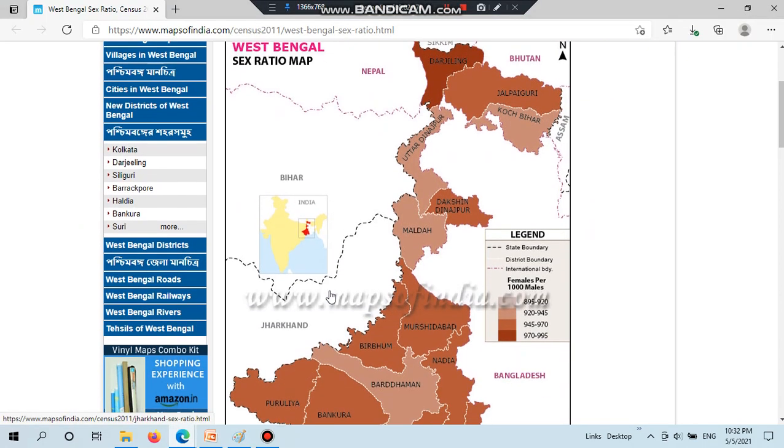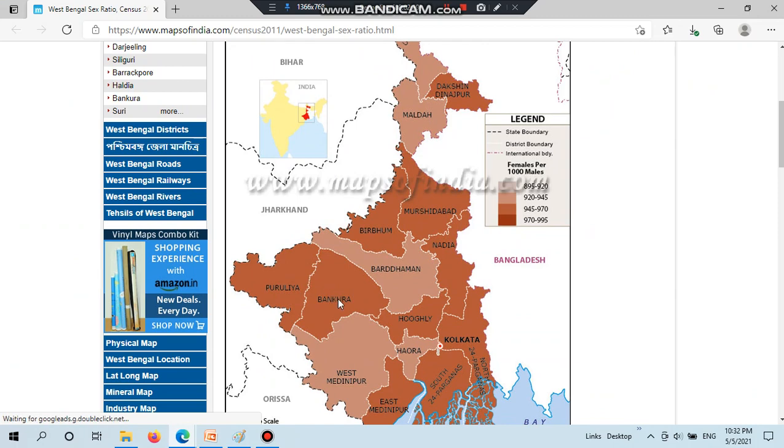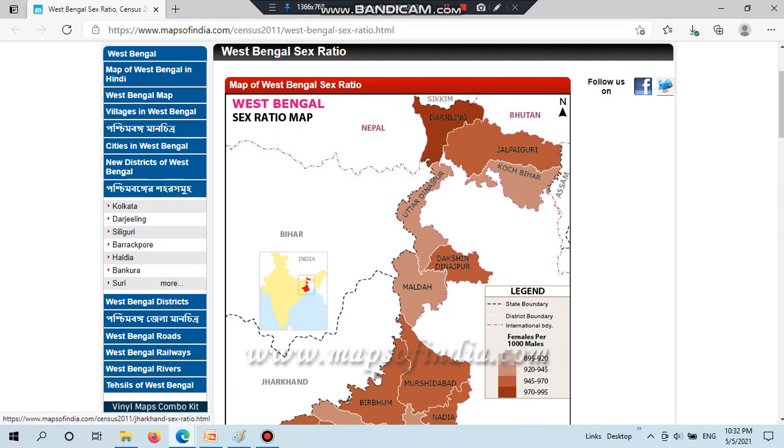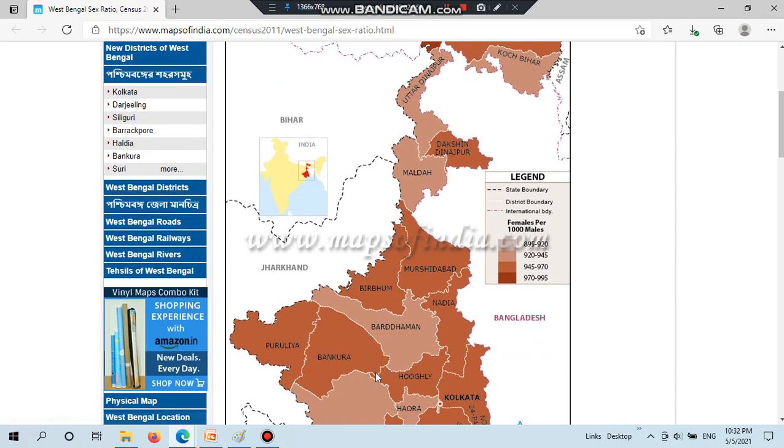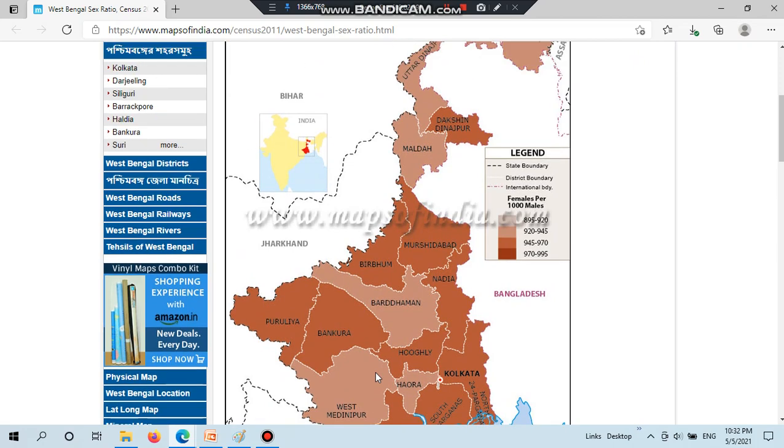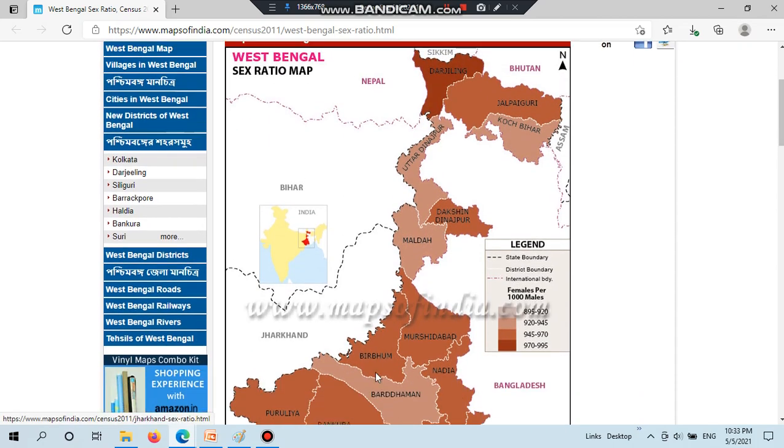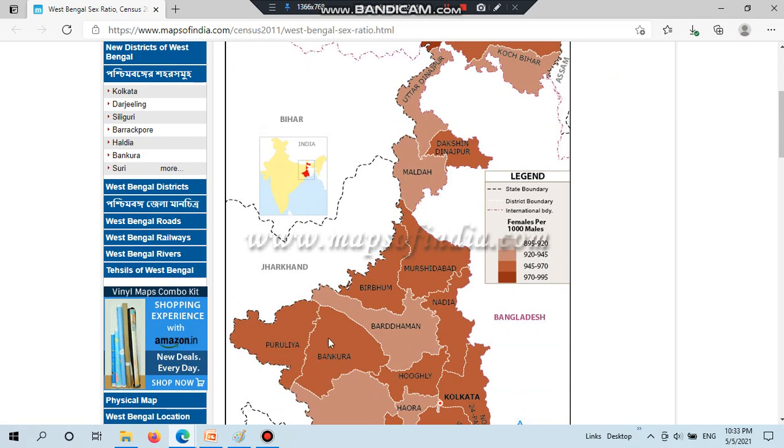Go through this map. This is the sex ratio of West Bengal. Here, the sex ratio has been plotted in reference to the district boundary. In this method, the district boundary and the sex ratio coincide. But within the same district, suppose it's Bankura district, the sex ratio is 972 or 995, but this sex ratio is not uniformly distributed throughout the whole district.